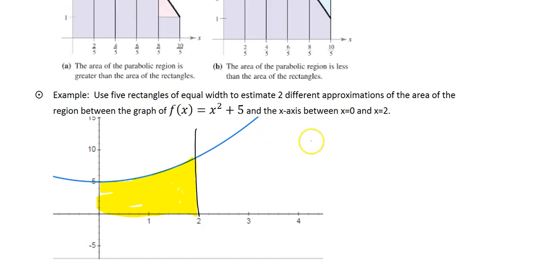And if we wanted to do the 5 rectangles, you have 2 units of space. So if you take 2 units divided by 5 rectangles, that means that each rectangle will have a width of 2/5 units.